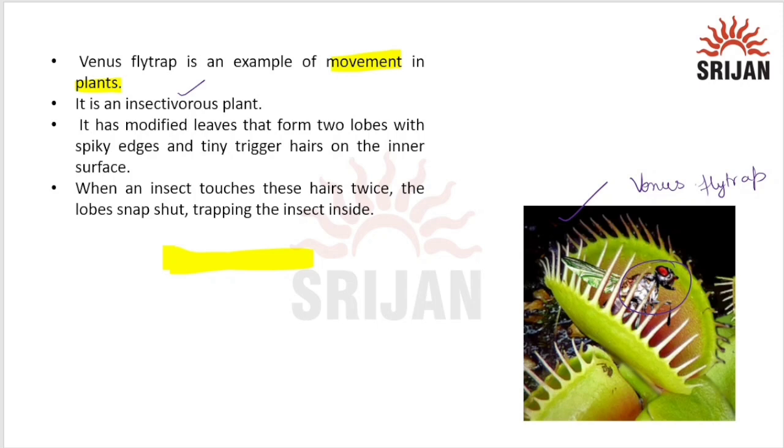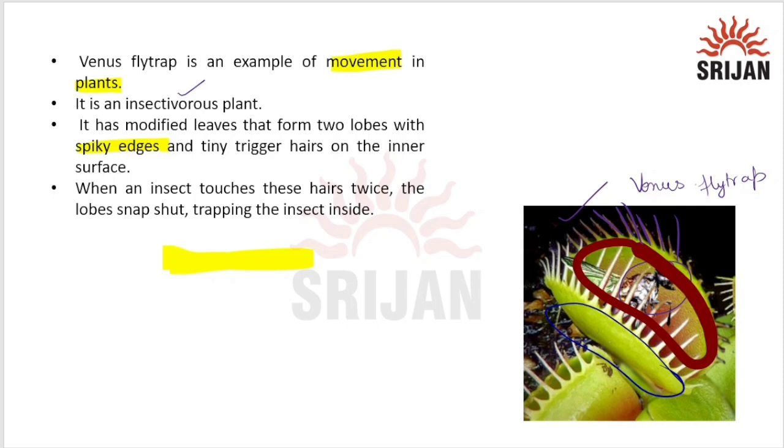So it has modified leaves that form two lobes. As you can see in this diagram also, this is the first lobe and this one is the second lobe. Fine. These are two lobes and these have spiky edges. As you can see here also, these are the spikes.